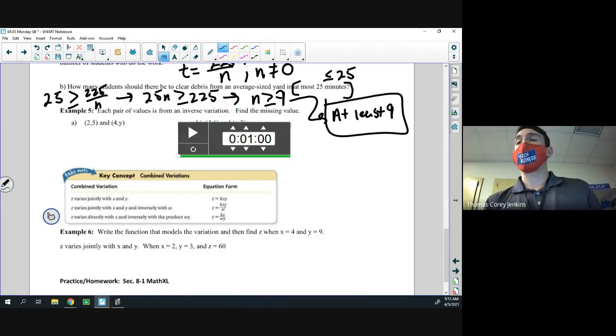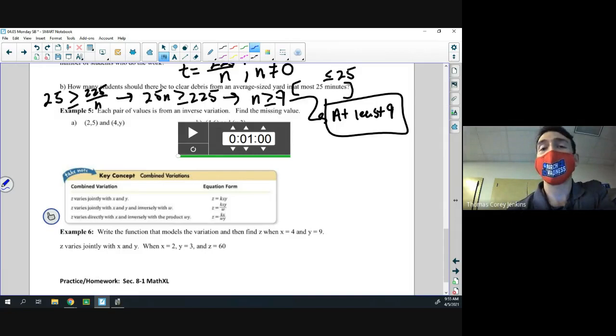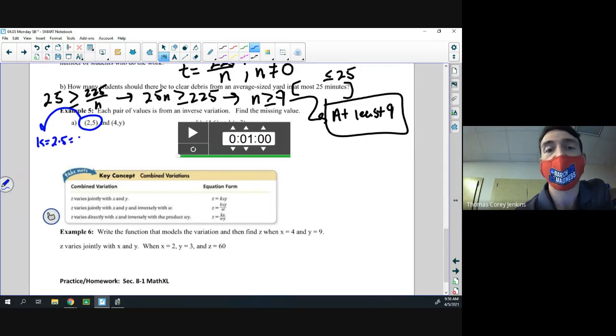Okay, so here's how I do these. If it's direct variation, you could just set up a simple proportion. That'd be the easiest way to do it, but it's not. So what I do here is I find k first. K equals x times y or y times x. So k equals 10.